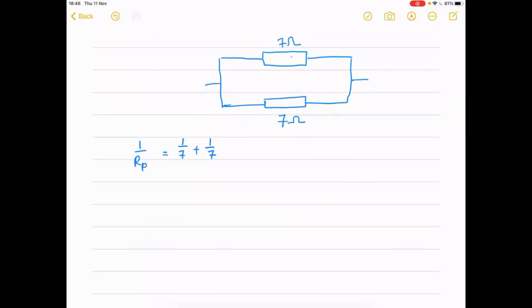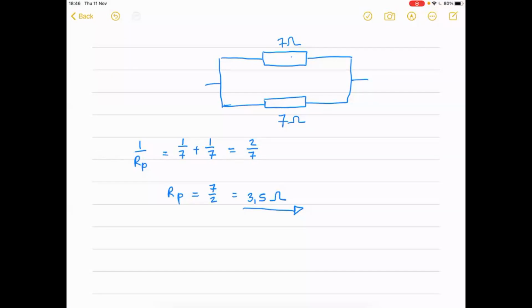So you've got 1 over 7 plus 1 over 7 is equal to 2 over 7. So then R parallel is equal to 7 over 2, which is just 3.5 ohms. That is the equivalent external resistance in the circuit.